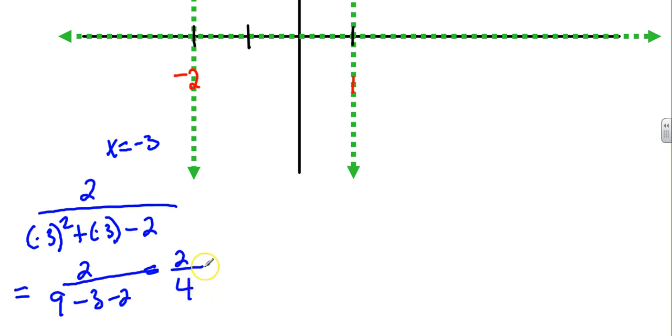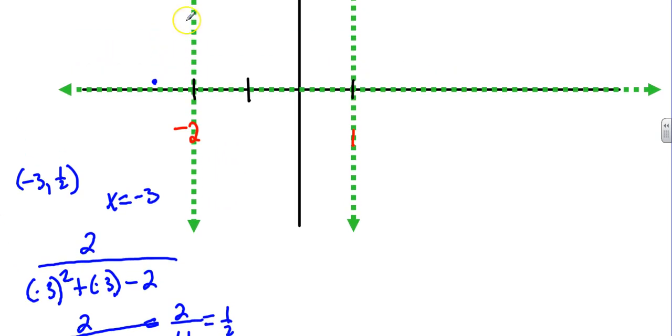Now, it's not very big, but we get a half. So that ordered pair is at -3 and 1/2. But again, more worried about where it is, that's going to put us up here above the line. So not very much. It's going to put us somewhere about here. But that's all we need is that one point. Know that the rest of the graph is going to fit in and do something like this.